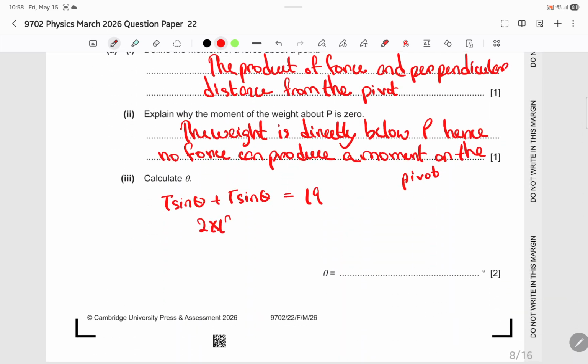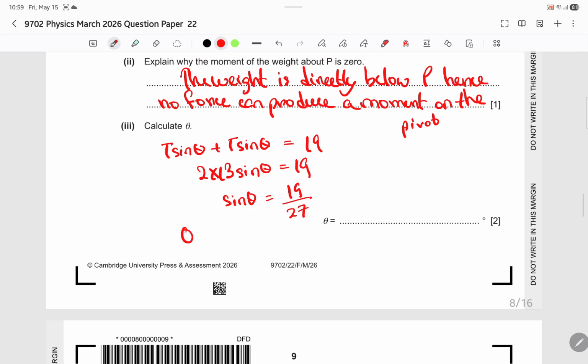So 2 times 13 sine theta equals 19, and sine theta comes out to be 19 by 26. Theta is 46.95. Round it up to 2SF, it is 47.